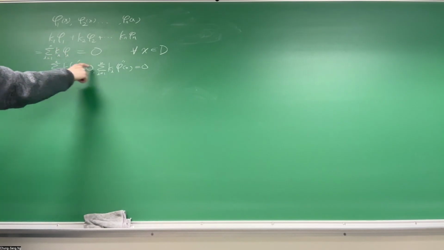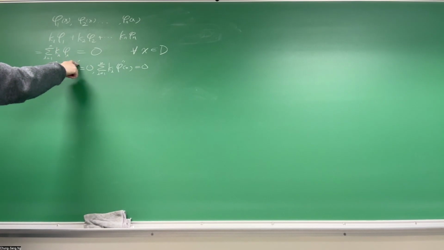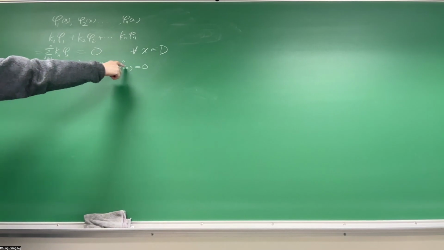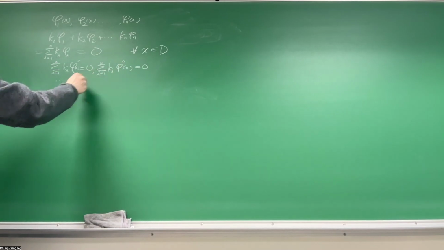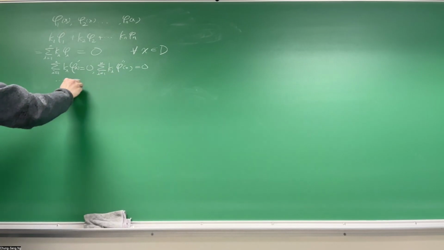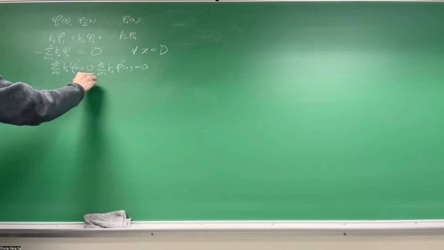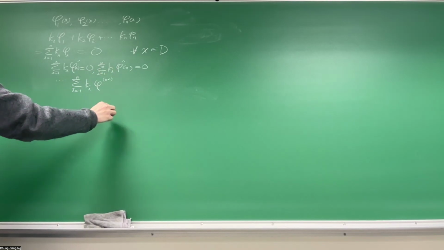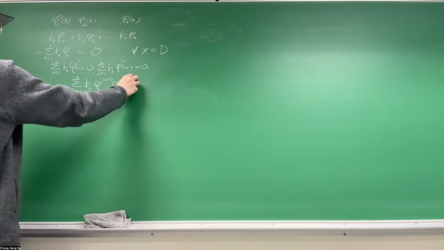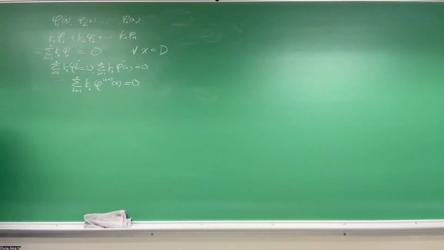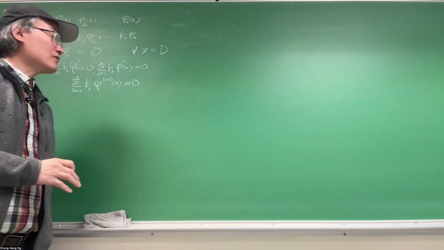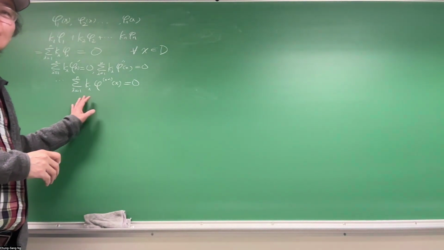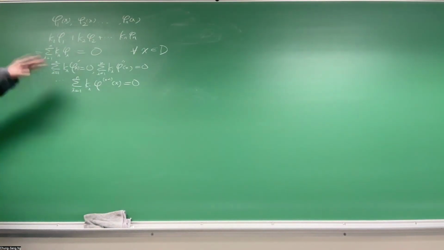Originally you have one, the first derivative gives the second equation, the second derivative gives the third. To get n equations, the final one is the sum of k sub i times the n minus 1 derivative of phi i equals 0. That gives you n equations for n unknowns.